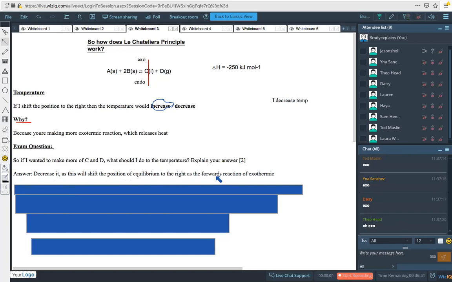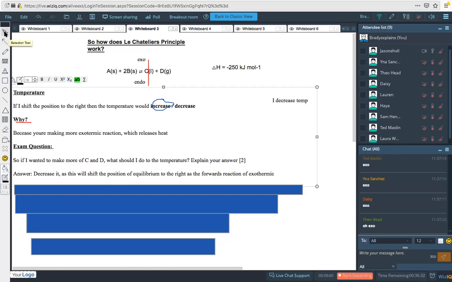And shifting the position of equilibrium to the right means more forward reaction. That's what that means. Whenever I say shift the position of equilibrium to the right, in your head, you need to think, oh, more forward reaction. So we're making more exothermic reaction.